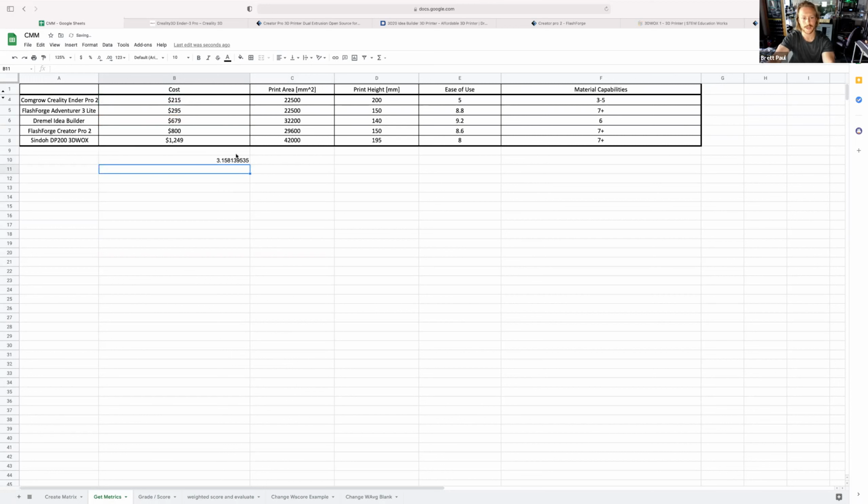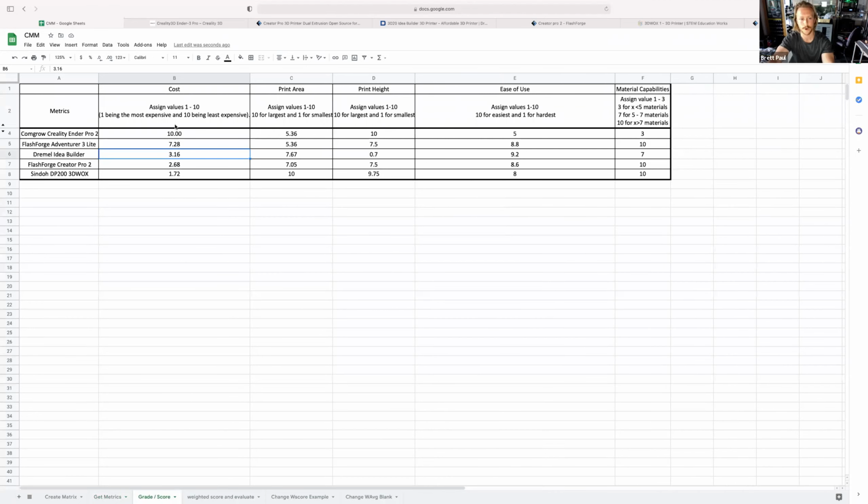Okay, so we know that the Dremel Idea Builder is 3.15 times more expensive than the Pro 2. So it should have a value that is 3.15 times smaller than 10 to get the scaled score for the cost in our analysis.